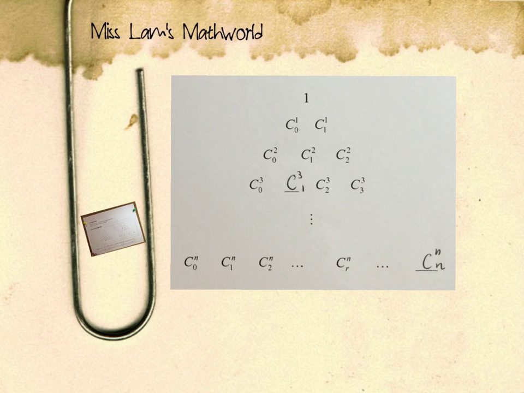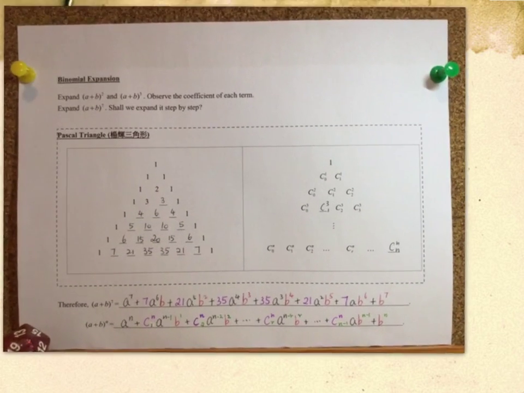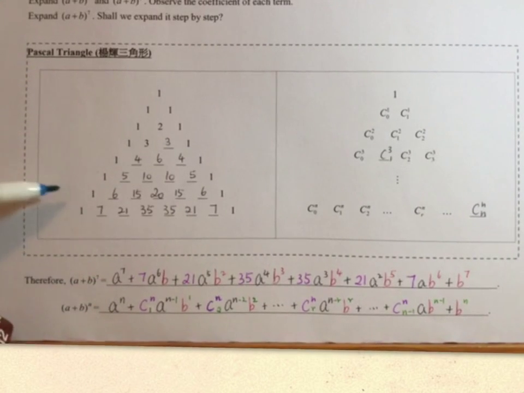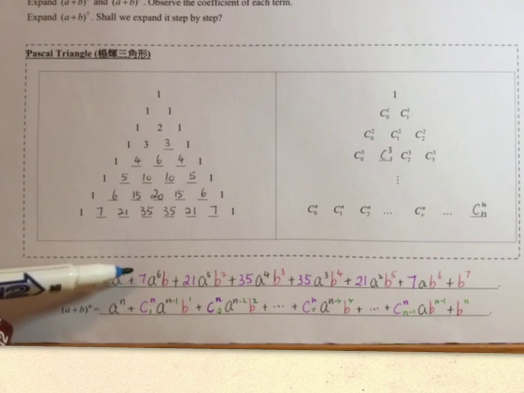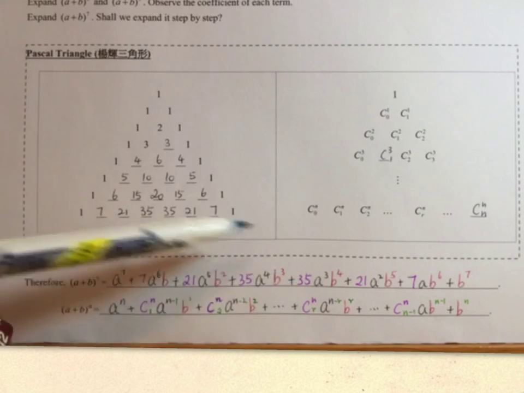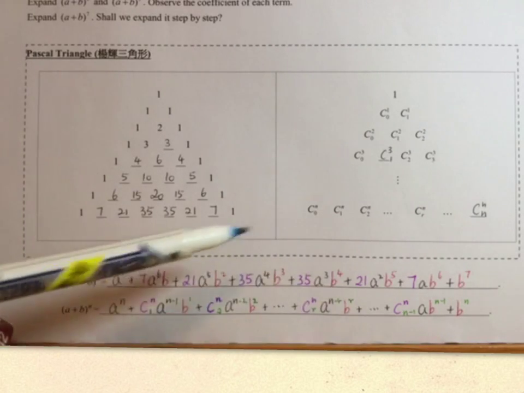So lastly, we wish to find (a + b)^7. We got here 1, 7, 21, 35, 35, 21, 7, and 1 at last.